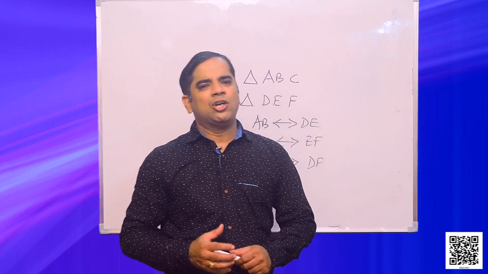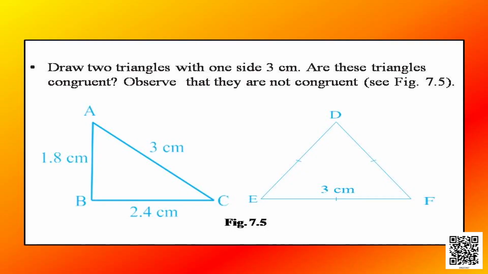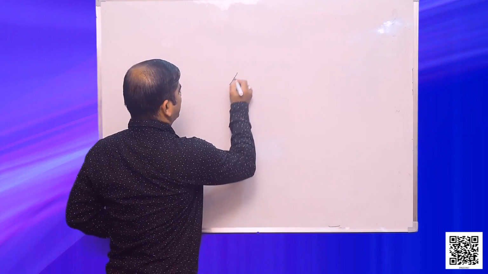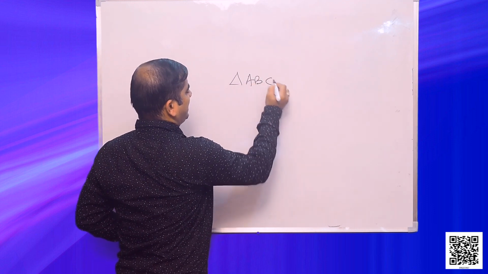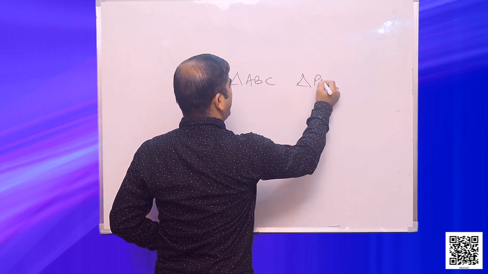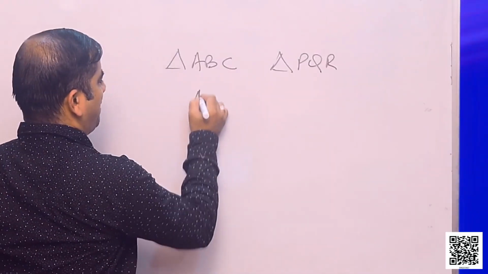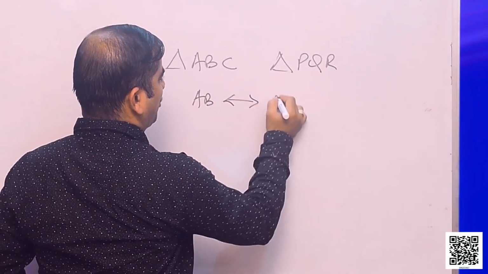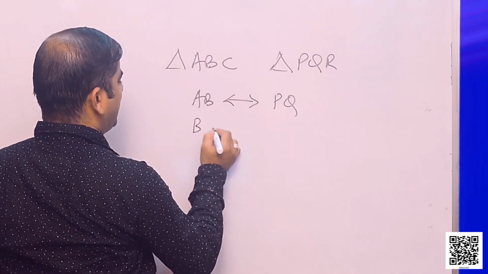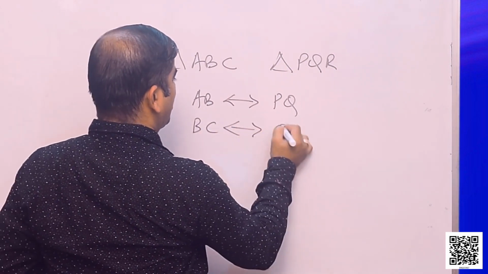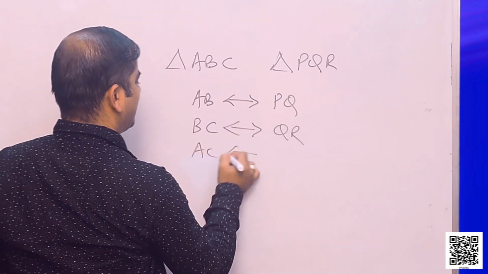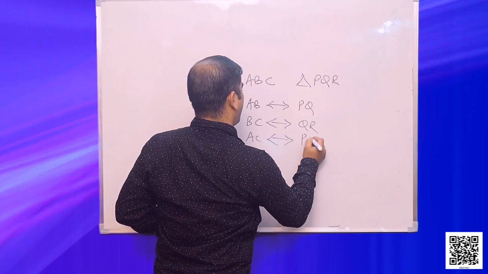Now draw two triangles with one side 4 cm and one angle 50 degree. Are they congruent? Let us check it out. As you can clearly see, if I name the triangles as triangle ABC and triangle PQR, AB should correspond to PQ, BC corresponds to QR and AC to PR.